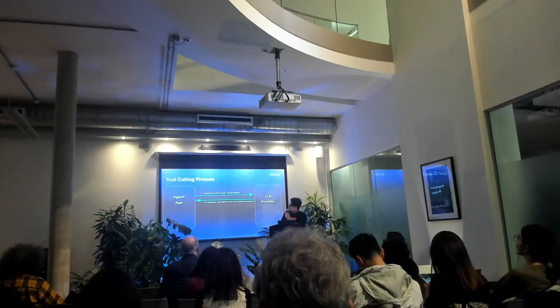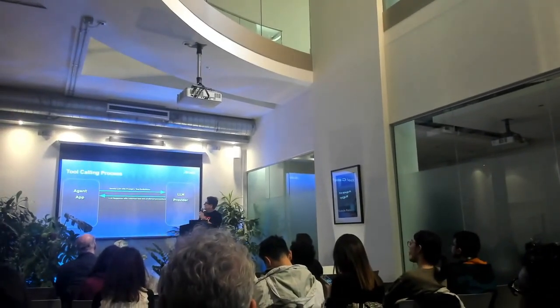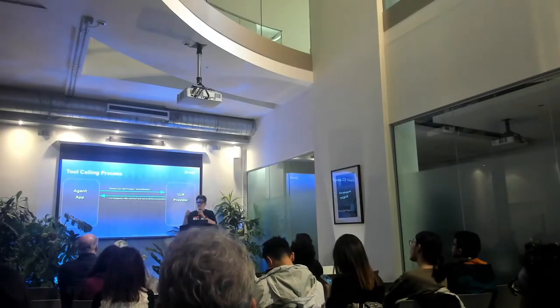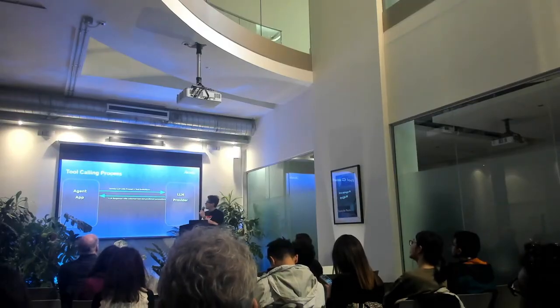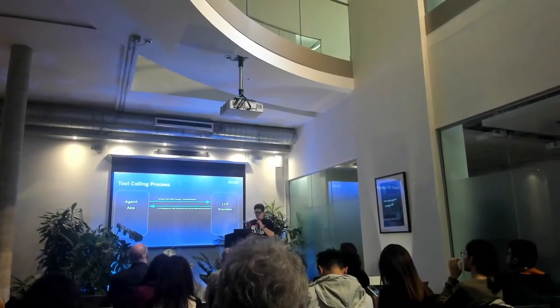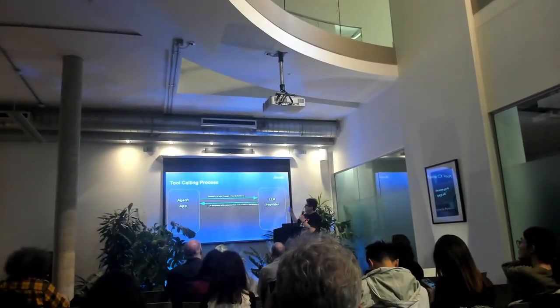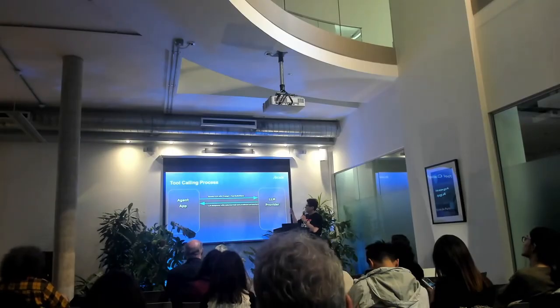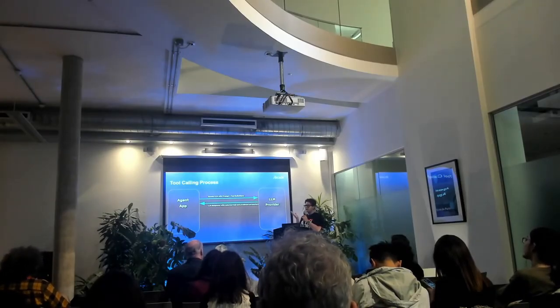So the tool calling process goes like this. Your app, your agent, invokes the LLM with the prompt and its tool definitions. So I'm going to pretend to be the personal agent here. I'm going to be Claude, and you just ask me, what's the weather, Claude? And what I get is that question, and I invoke the LLM, the actual Sonnet 4.5 that's back there.